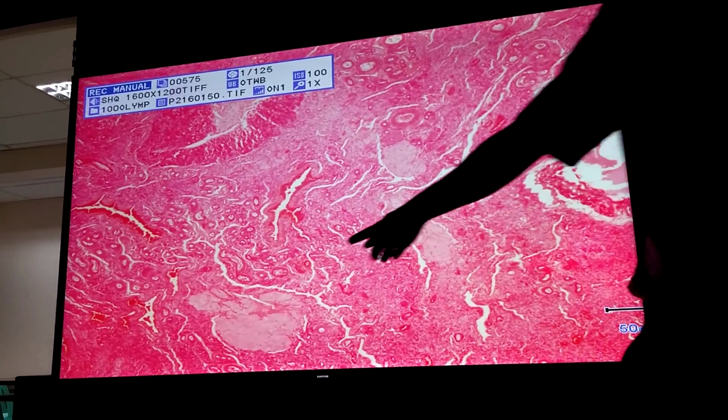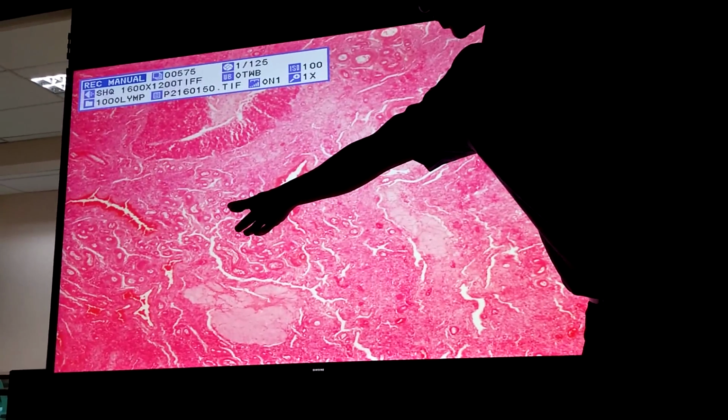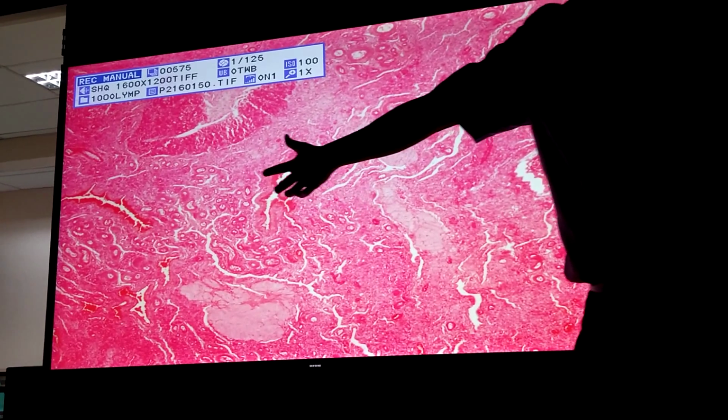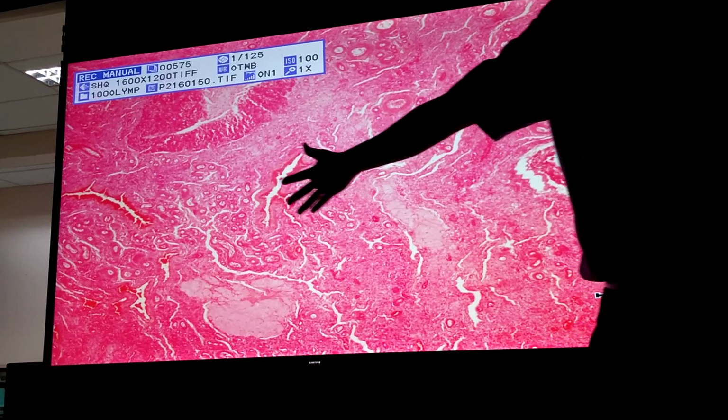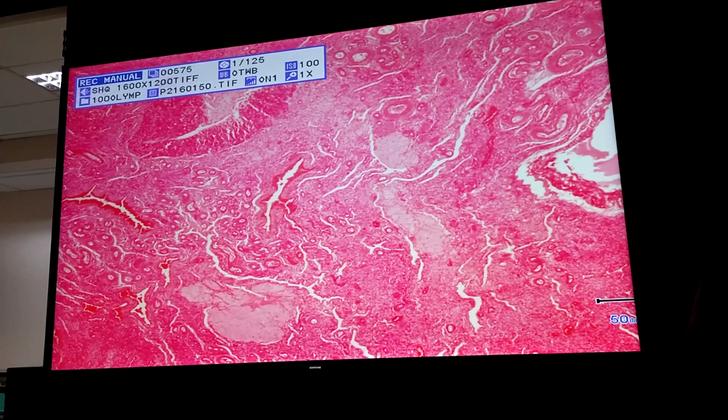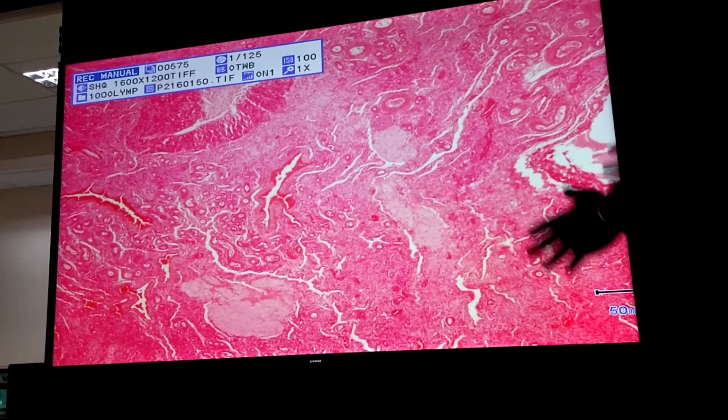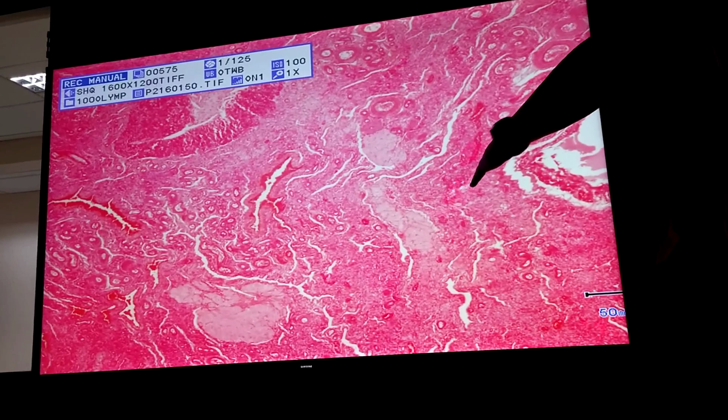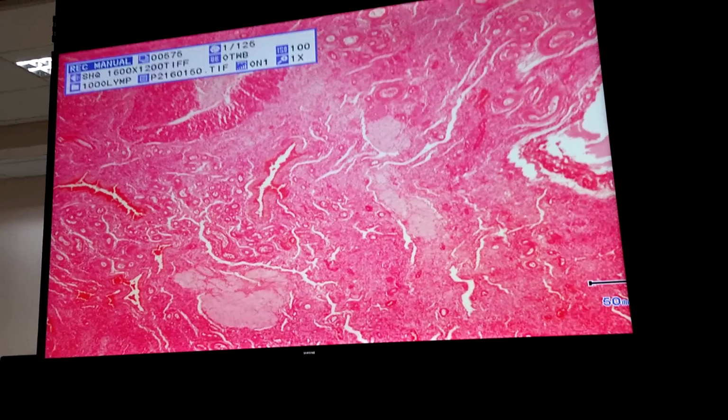Okay? So this layer, because it contains numerous blood vessels, should be the cortex or the medulla? The medulla. And then whenever you see follicles, you should be looking at the cortex.